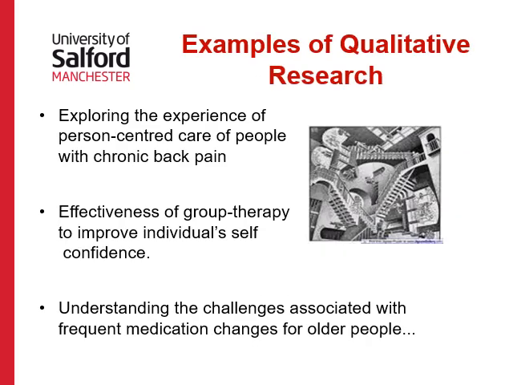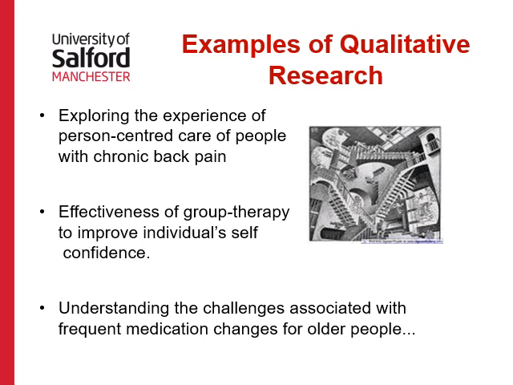So here's some examples of qualitative research projects. And I've chosen examples that are similar to the ones that I talked about for quantitative research so that you can start to understand how these two different philosophical standpoints could be used to address a similar research question. So the first is to explore the experience of person-centered care of people with chronic back pain.